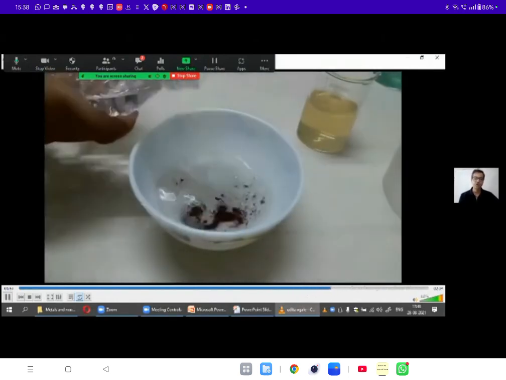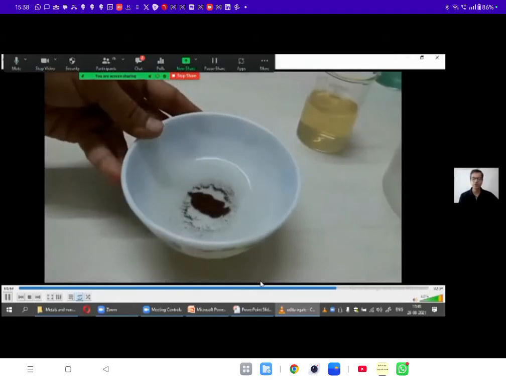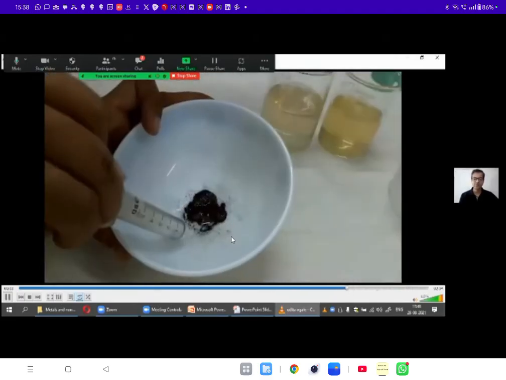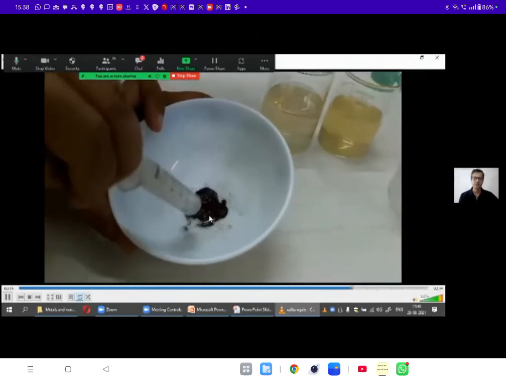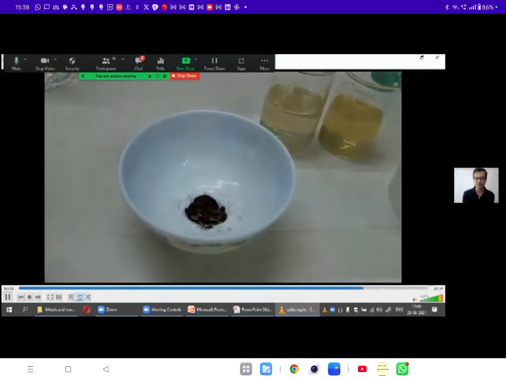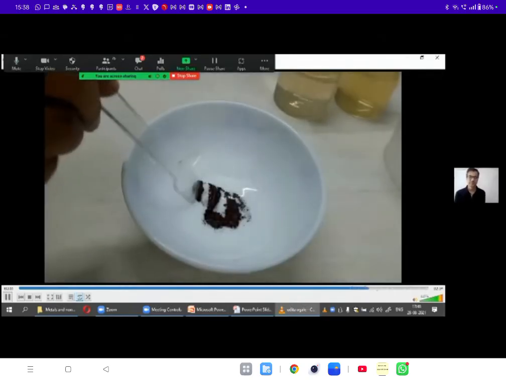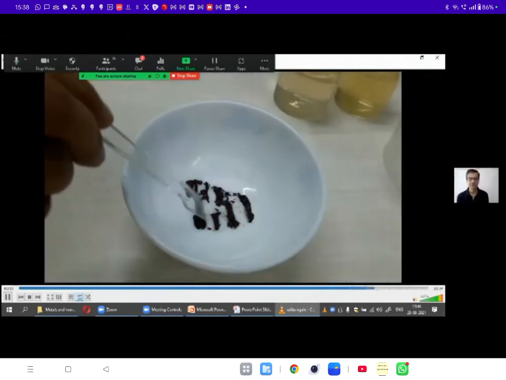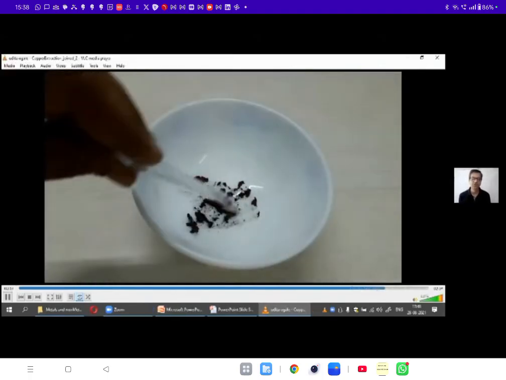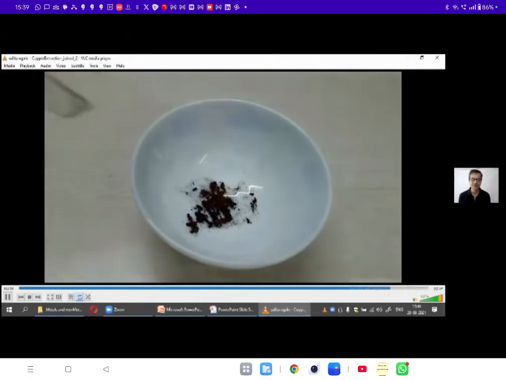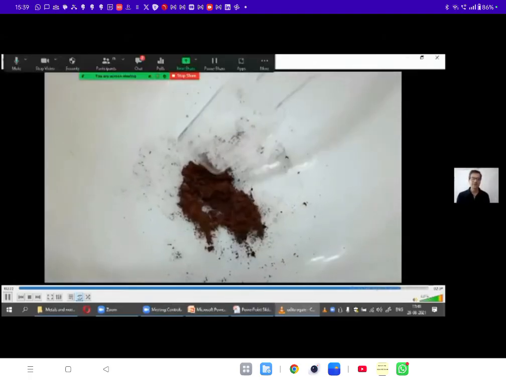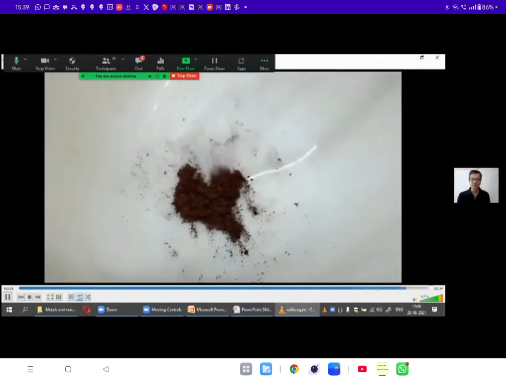You want to wash it 2 times to get quite a pure thing, and then whatever is remaining, you spread it a bit and then allow it to dry. And after keeping it for 1 day or so, this is the beautiful copper powder which you can get. So this is a pure copper metal extracted from that blue solution.